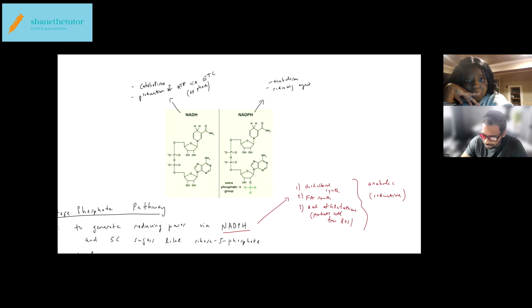The phosphate can just function as a tag to let it know it's reserved for biosynthesis. And it can also function as an antioxidant. So those are the main differences between the two.